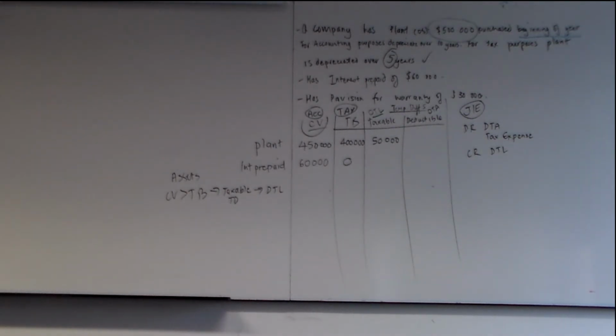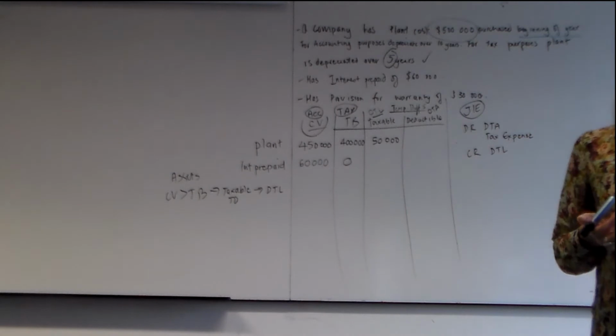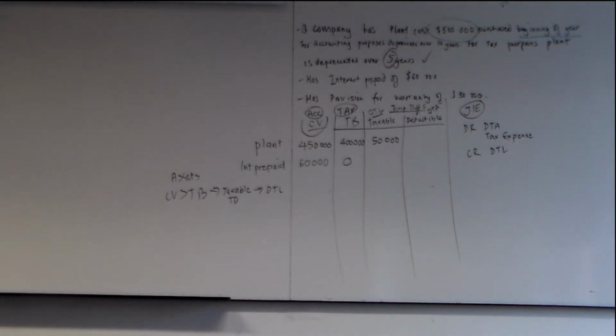Why 0? Prepaid, yeah? It sure is. What's the reason its tax base is 0? Because it's prepaid, you're right, but we don't have any prepayments for tax. Why not? Because we run according to a cash basis. So we don't have any accruals, we don't have any prepayments, and we don't have any provisions.